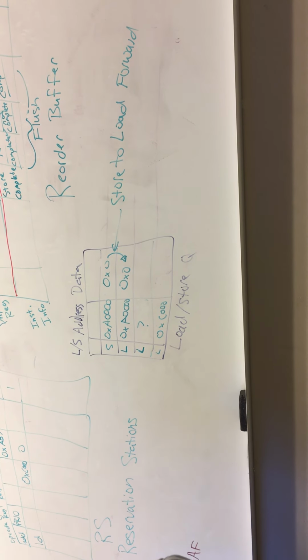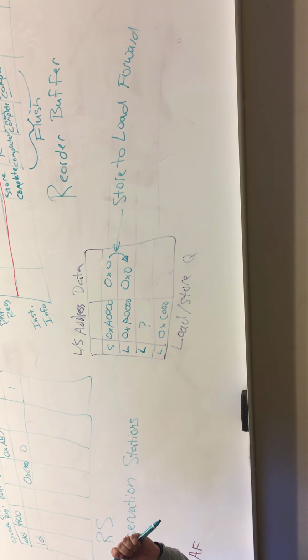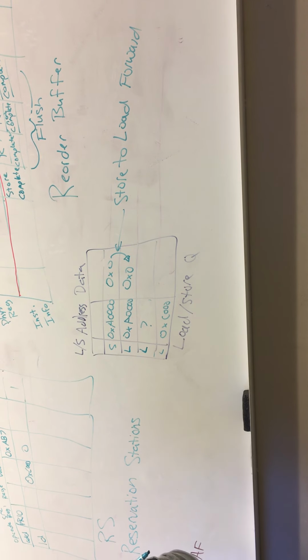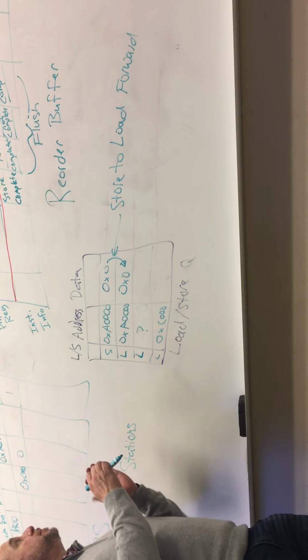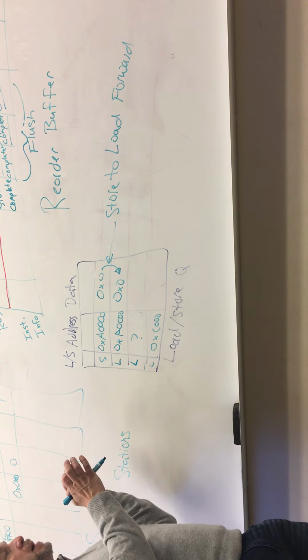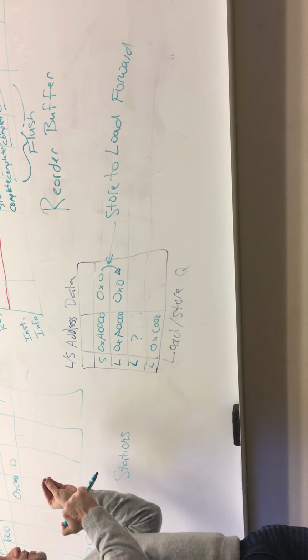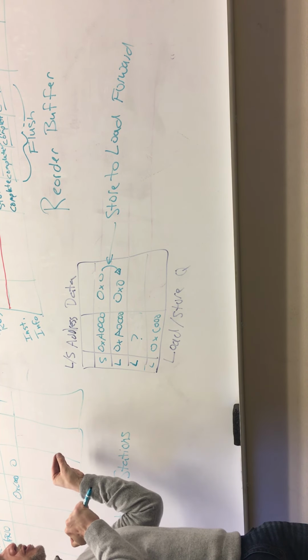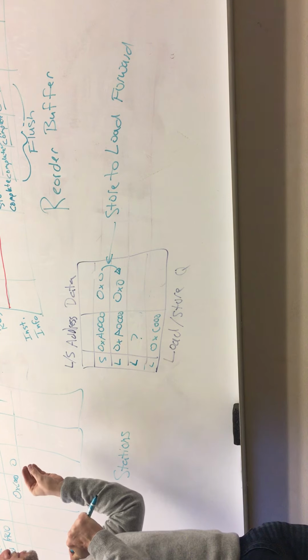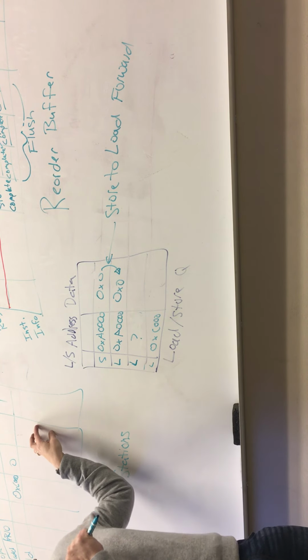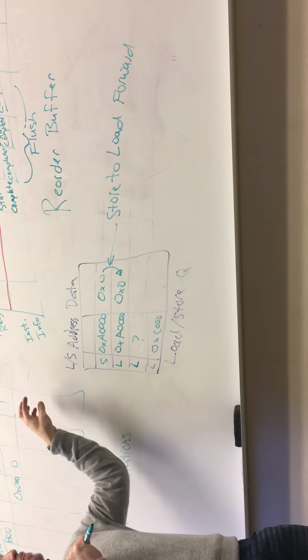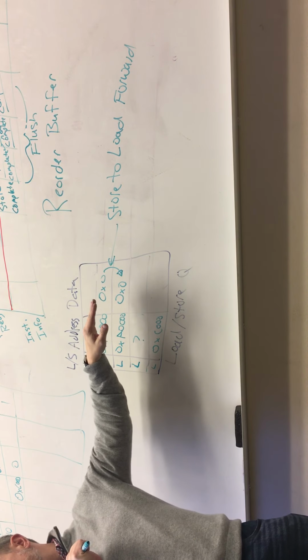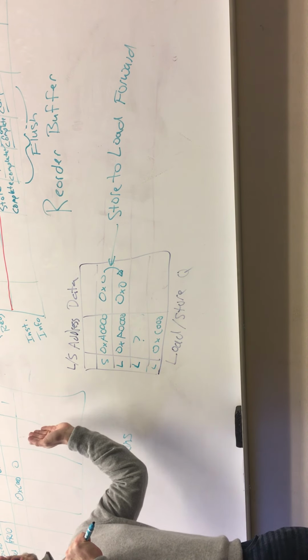So would other cores have access to the same load store queue? They would not, because this is pretty much a pipeline structure that keeps track of the stores that have been entered into the reservation station. Maybe they have computed their address and computed the data that they're going to store, but not yet been committed.